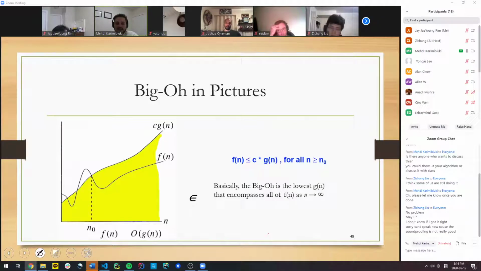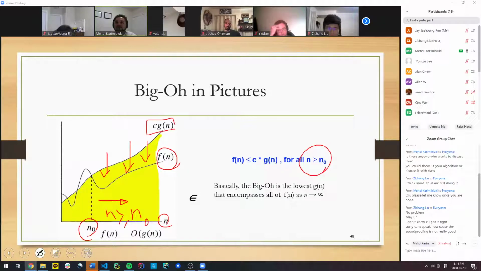So it says, for n's that are bigger than or equal to n naught, my function will always be underneath a c·g(n) function.